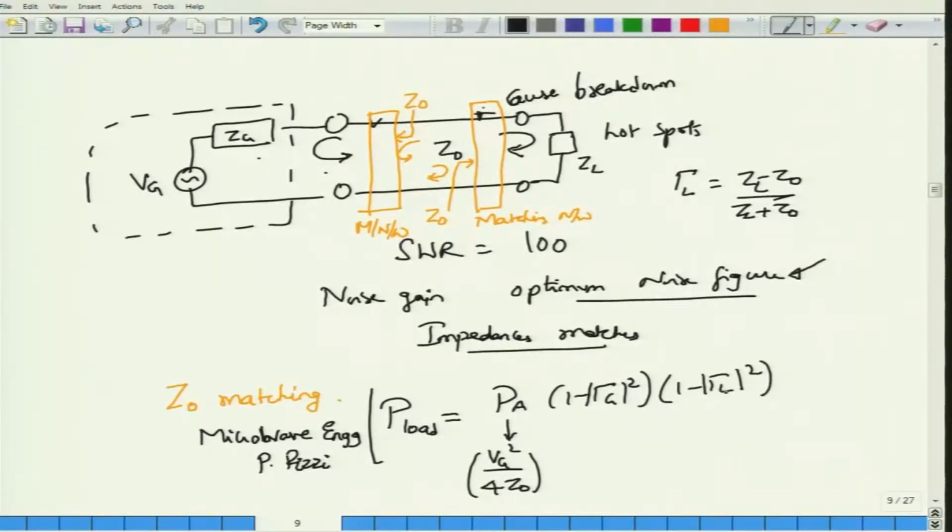So, 1 minus magnitude gamma L square is the fraction that is actually transmitted, because magnitude gamma L square times the incident power is reflected back. Similarly, 1 minus magnitude of gamma G square is the fraction that is transmitted, and the remaining part is reflected and goes into a standing wave.